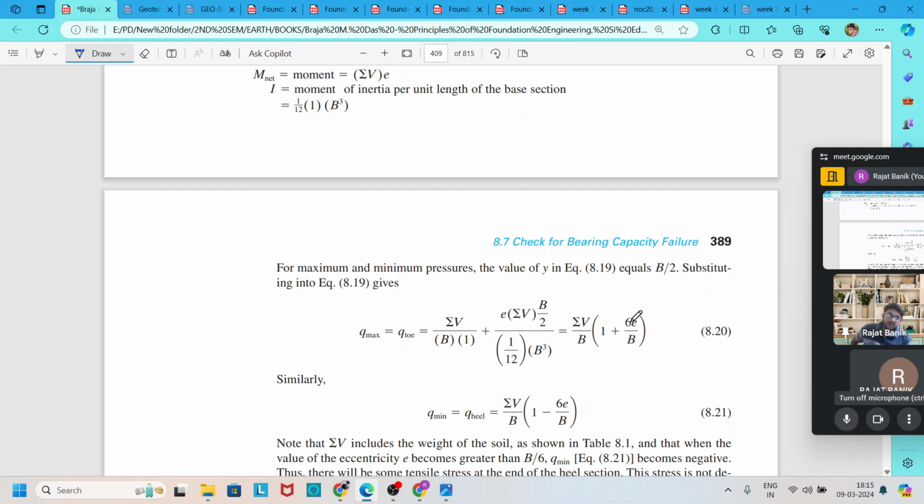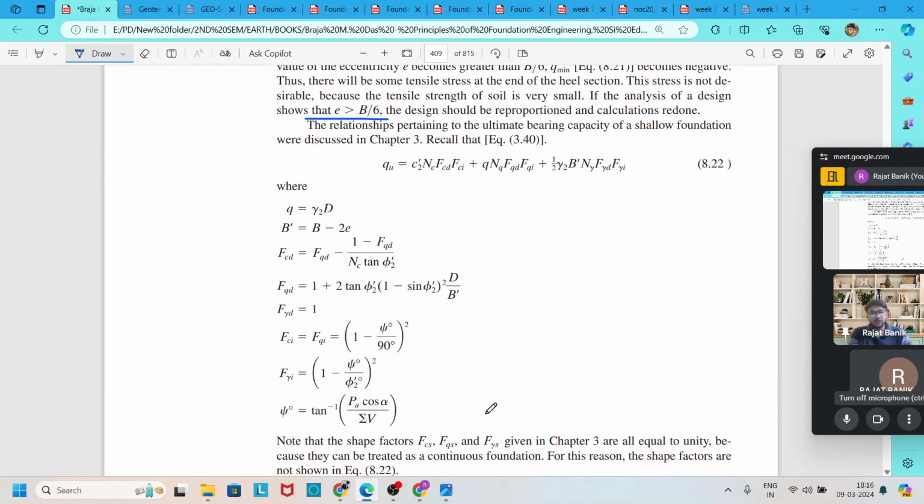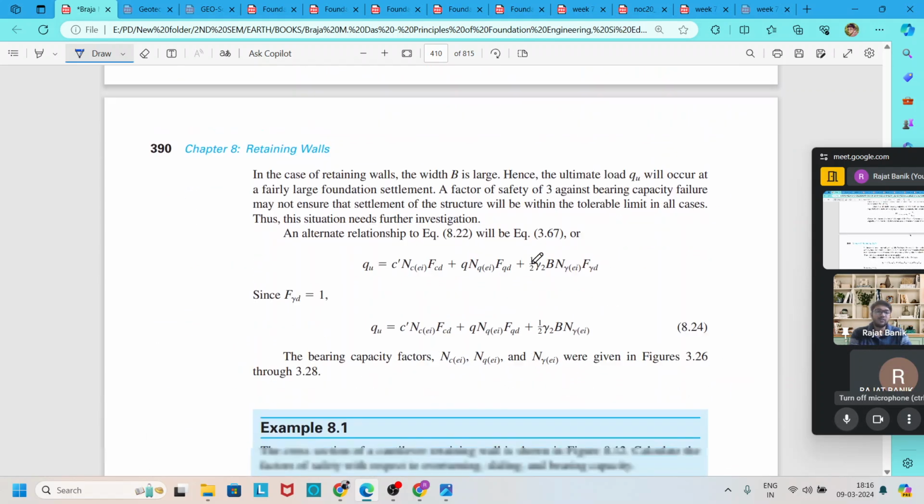If our eccentricity is within B by 6 of the base of the retaining wall, then it is safe. So if e is less than B by 6, there is no possibility of creating a tension crack. So we need to check all of this to find out the stability.